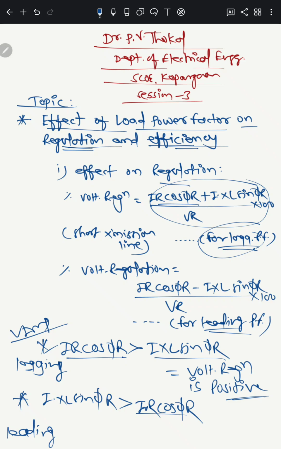Then voltage regulation is negative. If I X L sin phi R is greater than I R cos phi R in case of leading power factor, then voltage regulation is negative. So please remember these points considering the regulation.